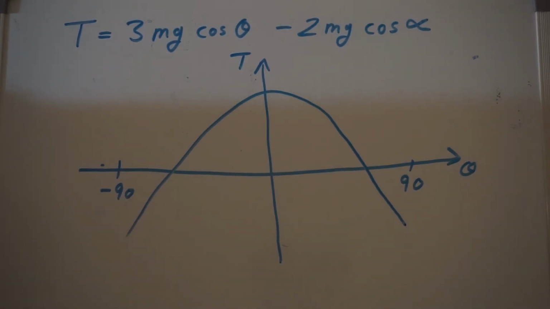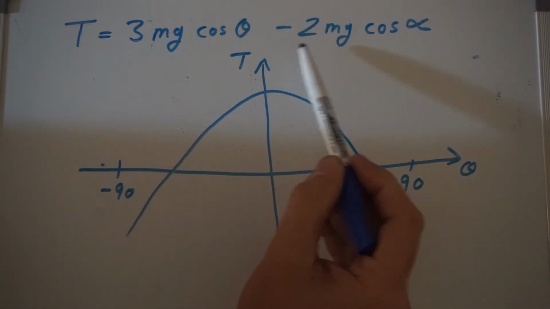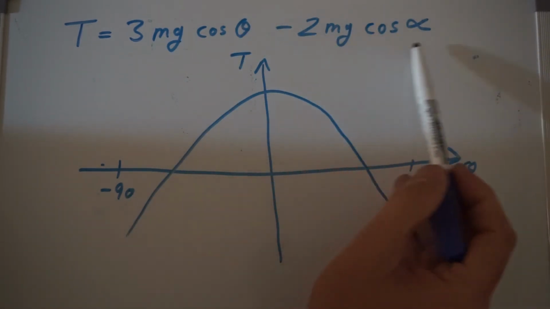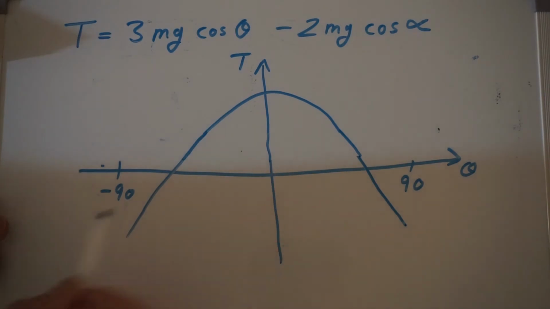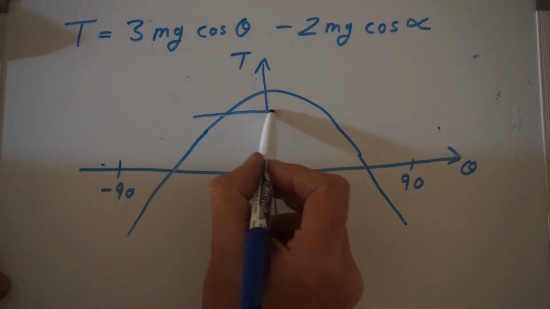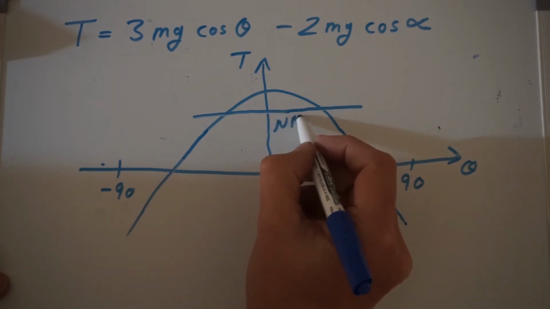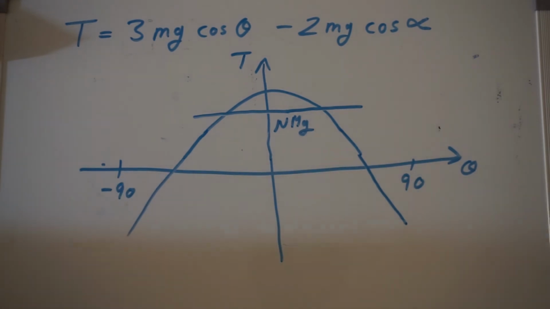graph that shows how the tension would vary for angles between minus 90 and 90. It's basically the cos graph translated downwards because this quantity here would be fixed. I could also add onto this graph a horizontal line at a height of mu Mg.